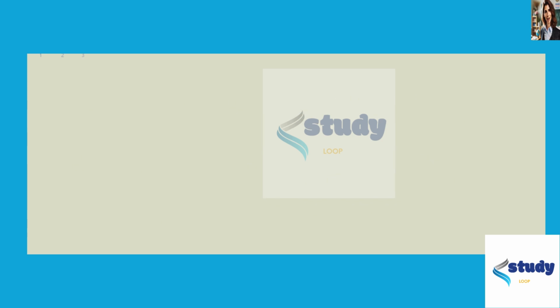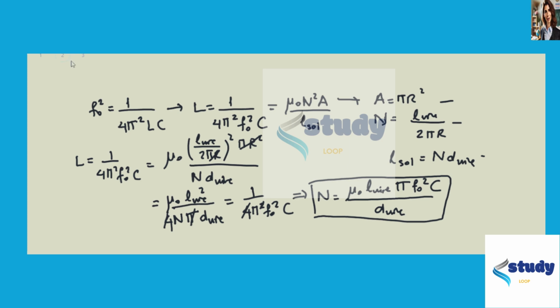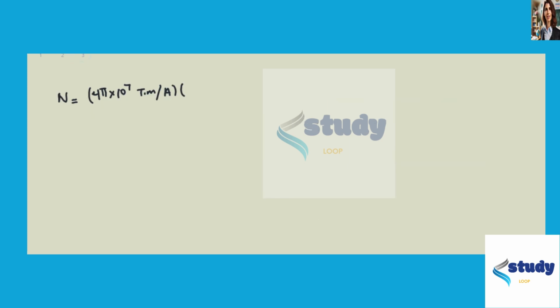Now all we need to do is plug in the numerical values. Mu naught is 4 pi times 10 to the power of negative 7 tesla meter per amp. The length of the wire squared is 12 meters squared.